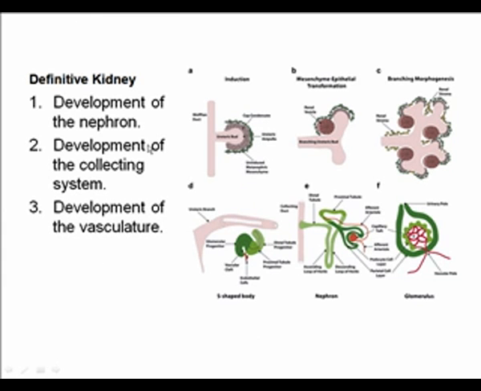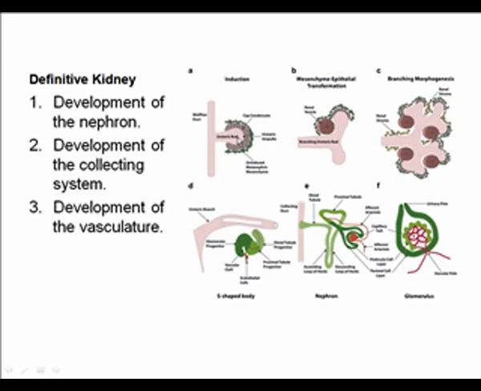So now we want to discuss the development of the kidney, and to have that discussion we need to talk about this mesonephric duct, which also has the name the Wolffian duct. And here we see the Wolffian duct.